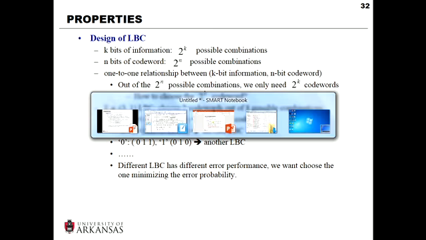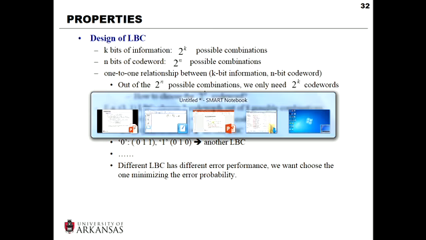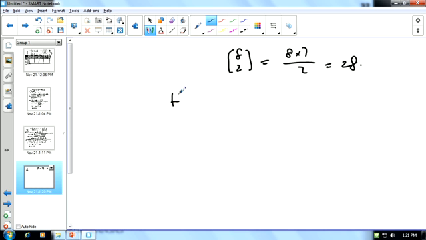Another way of doing that is we use 011 to represent 0 and 010 to represent 1. And you can keep going, and I can list 28 different codes. We are only interested in the best one. For the rest, because they have the same code rate, in reality we only use the best one. So how do we quantify the performance of the different codes? One easy way to do this quantification is using something called the Hamming distance. The Hamming distance is actually a very simple concept.